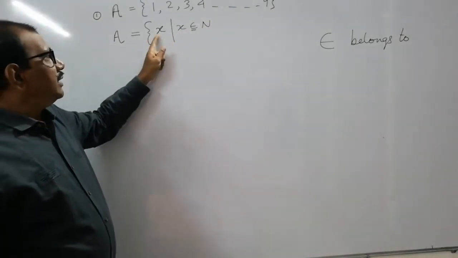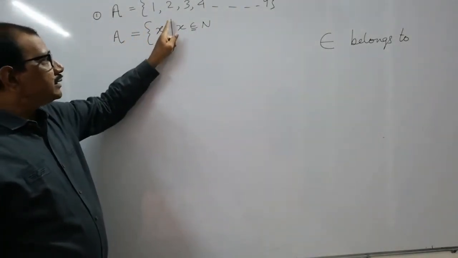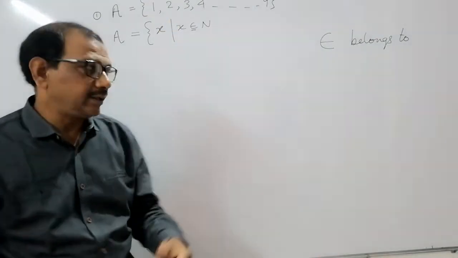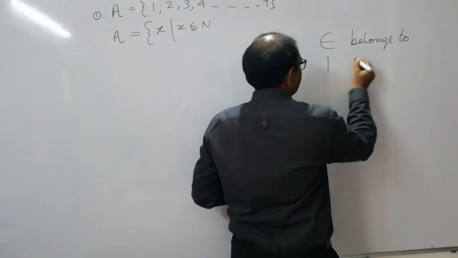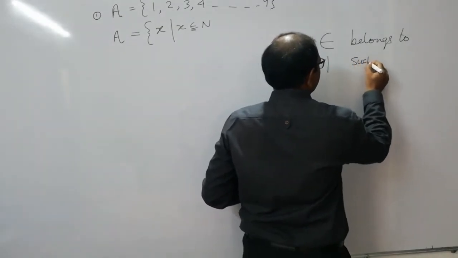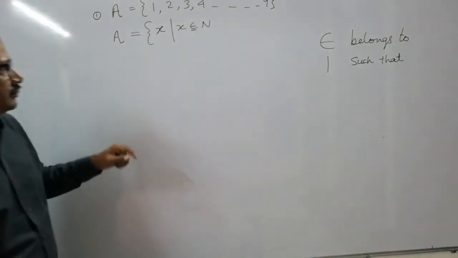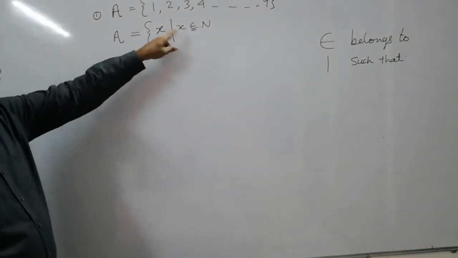So we wrote A is a set of all x. This big vertical line that I'm showing you here, what is the meaning of that? Such that. This line is such that, for reading, right?